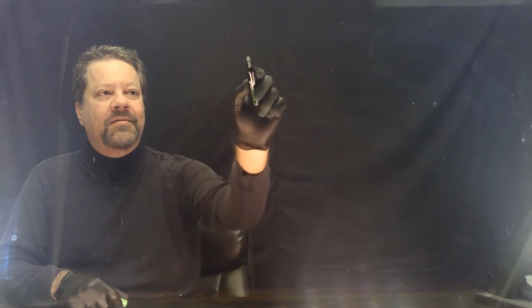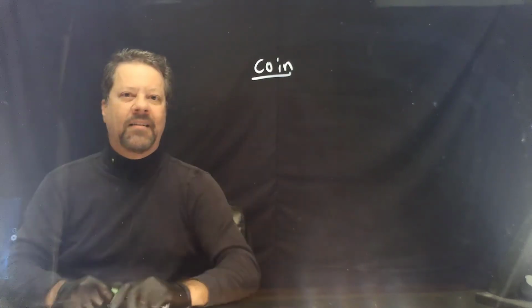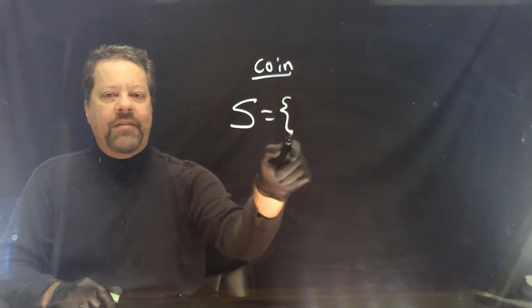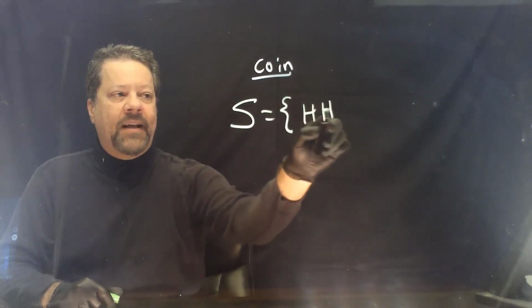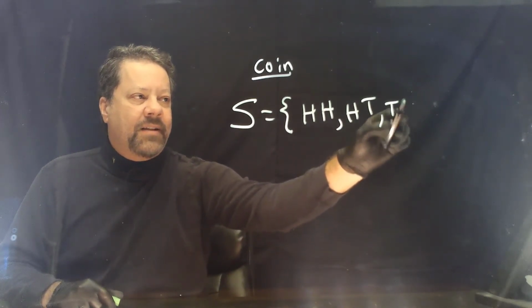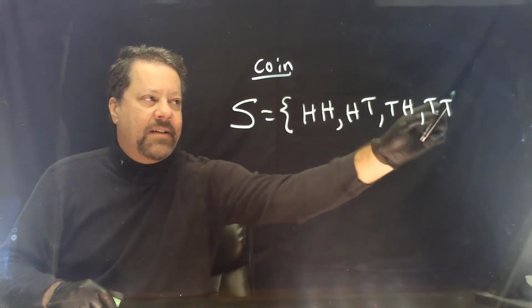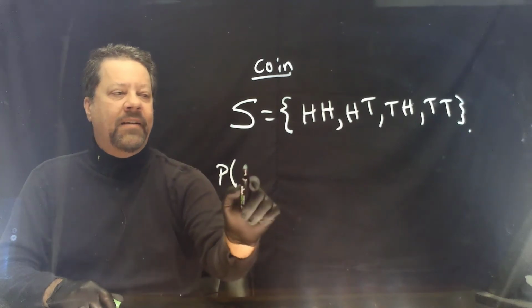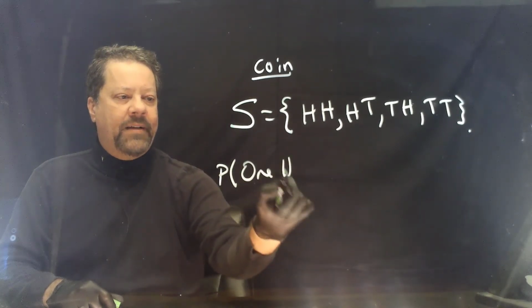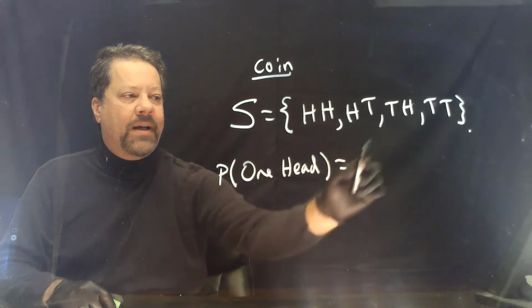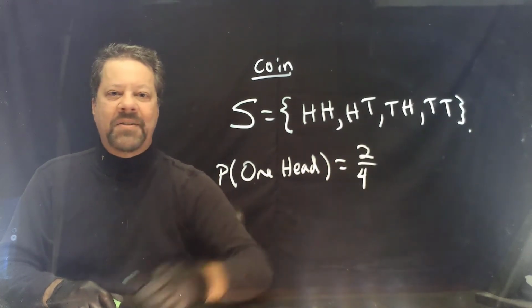Consider the event that I toss a coin twice. What are the possibilities? My sample space could be thought of as getting heads and then heads, heads and then tails, tails and then heads, tails and then tails. So the probability of getting 1 head and 1 tails, that occurs twice out of 4 events.